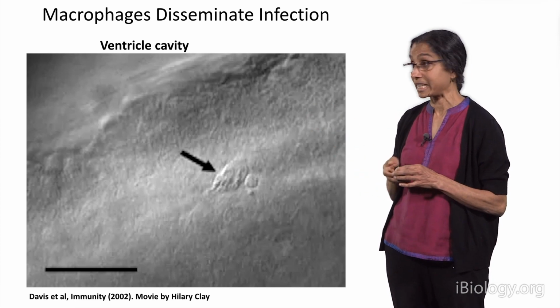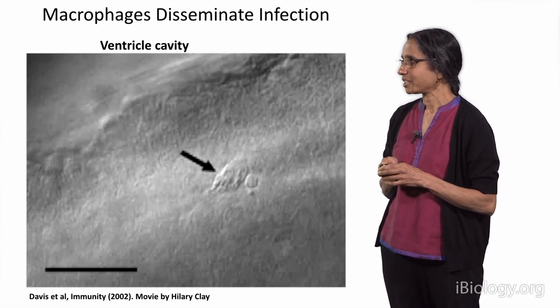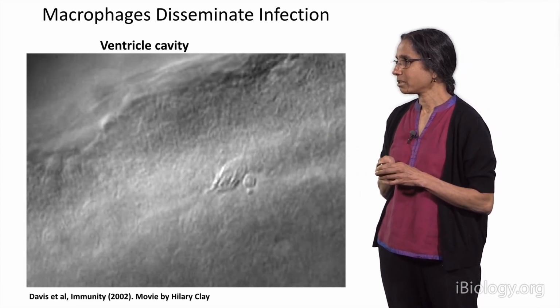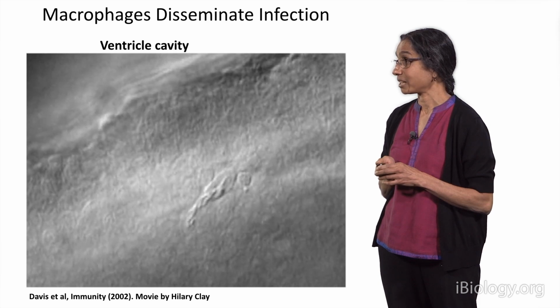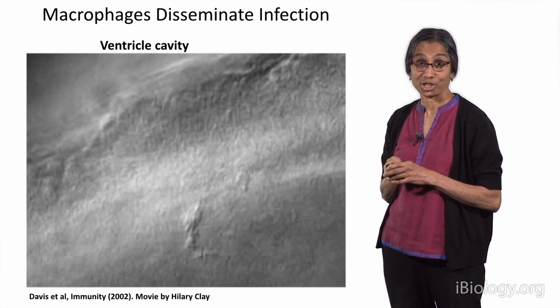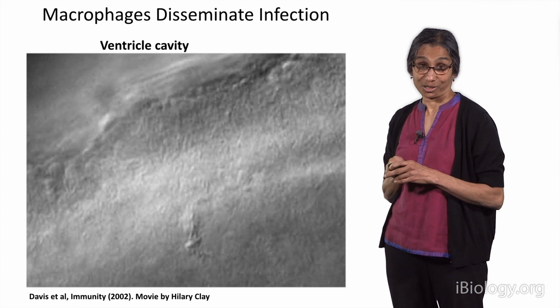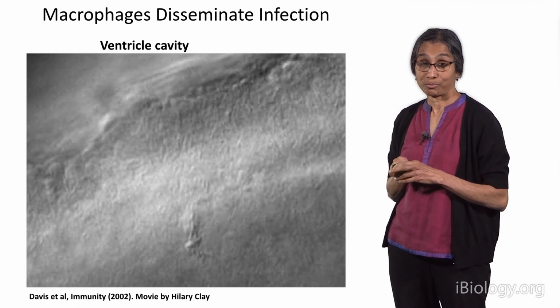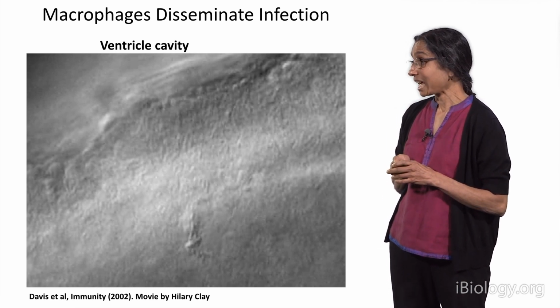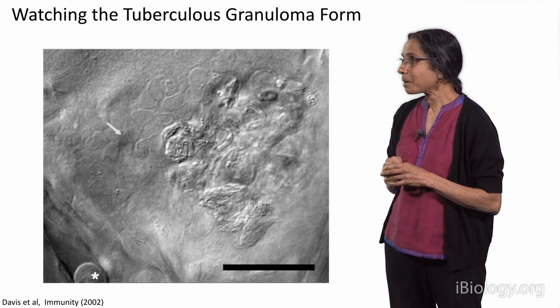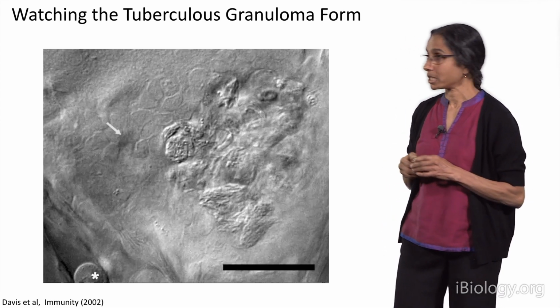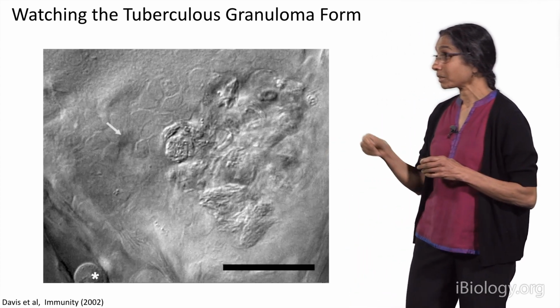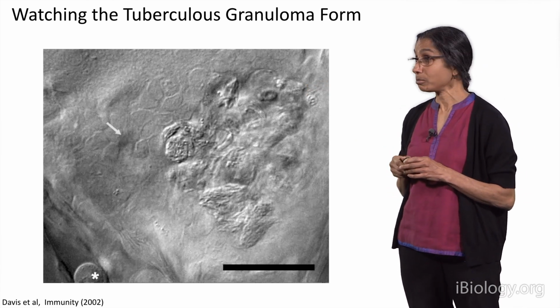This is a few days later, and you can see that it's just moseying along. The bacteria have grown in the macrophage, because it's a permissive macrophage for the bacterium, and there it is. But what was really exciting to us was that you could see within a few days a granuloma form.